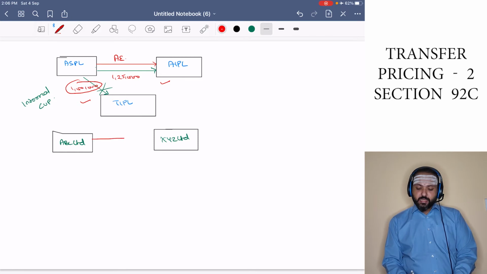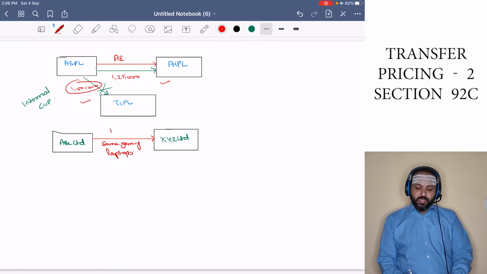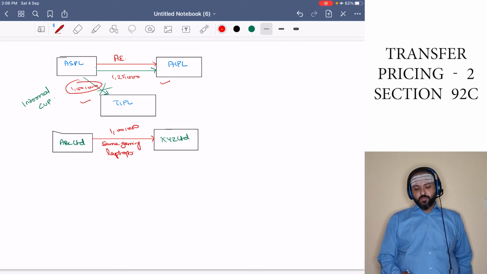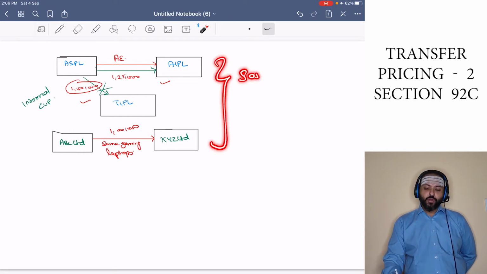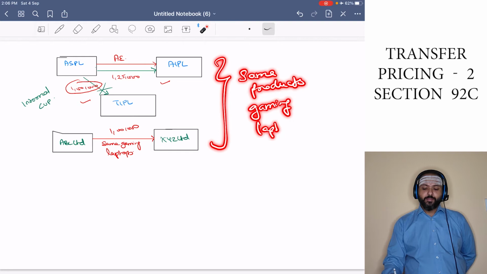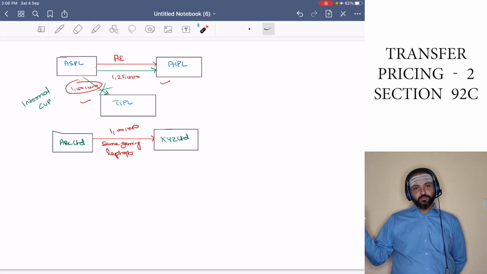These two are selling the same gaming laptops. Now, they are charging 1 lakh for this transaction. Can this be considered a comparable uncontrolled transaction? Well, first we have to answer whether these two are the same products. Yes or no? Yes, because the same gaming laptop is considered. So the product is the same.